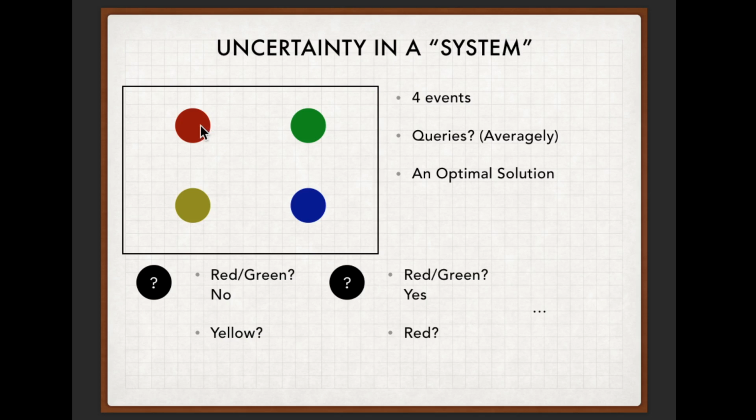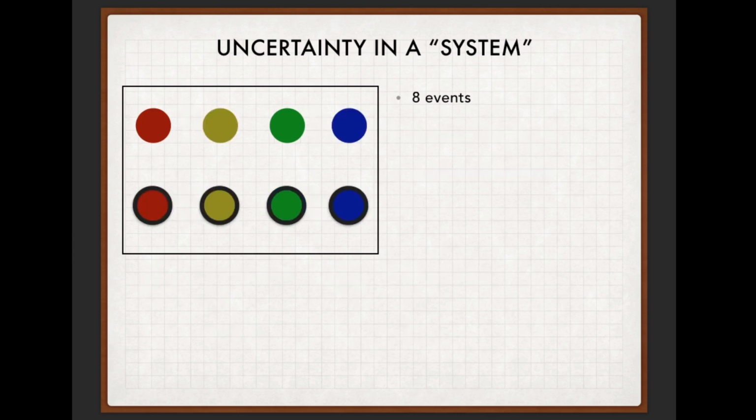Okay. Then how about we make it more complex? Consider 8 events. So instead of coming up with a lot of different colors, let me distinguish the new marbles using, well, maybe not marbles, maybe they are discs.